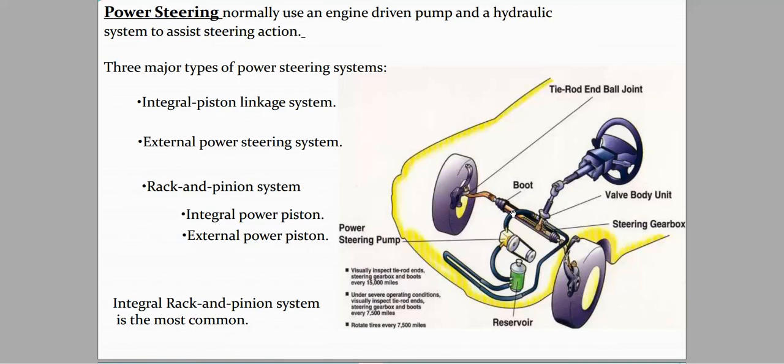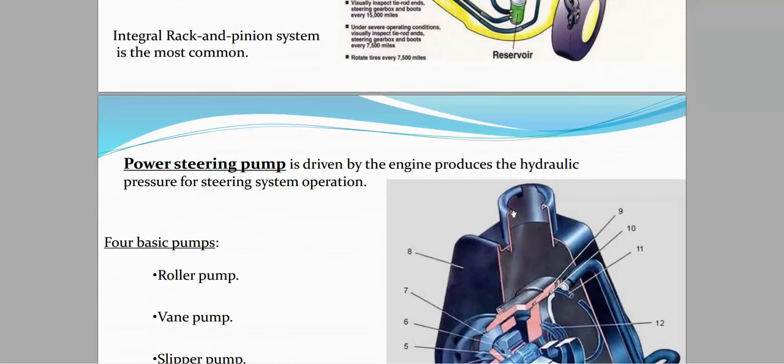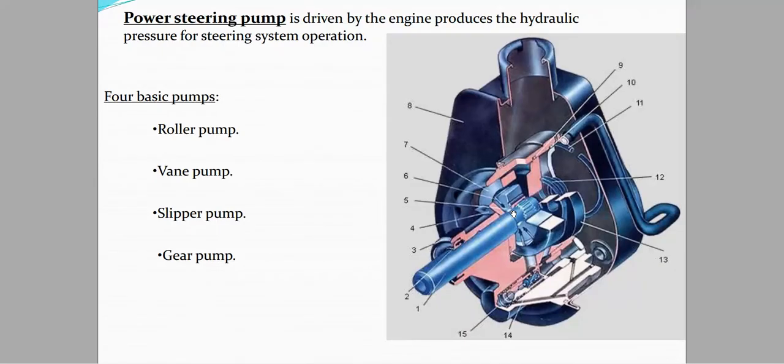Third, we have a rack and pinion system with integral power system and external power system. Integral rack and pinion system is the most commonly used in our automobiles in recent life. The power steering pump is driven by the engine to produce the hydraulic pressure for the steering system.